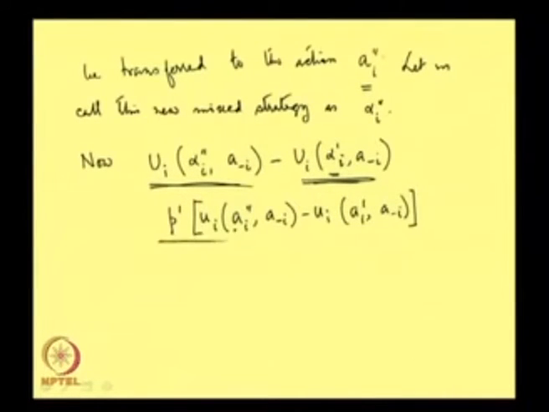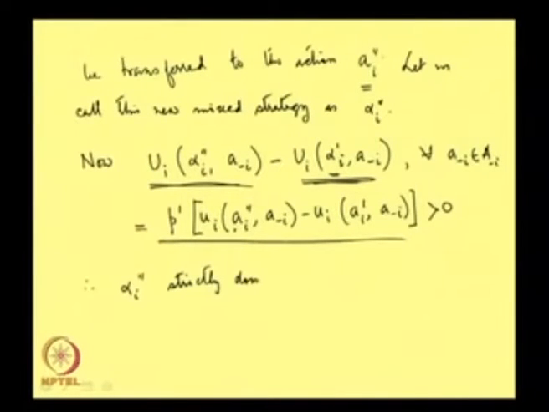So, this is the only term which will remain, because the other terms will cancel out, and this I know is positive, and this is true for all a_-i belonging to A_-i. And since this is positive, which means that alpha_i'' strictly dominates alpha_i', hence the proof.